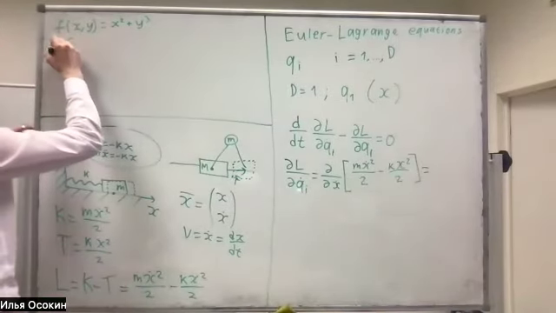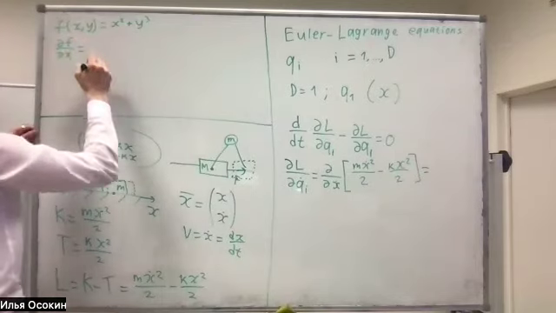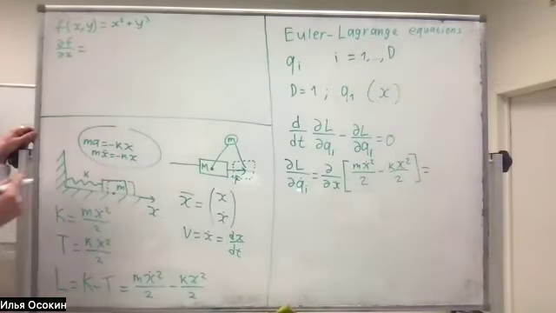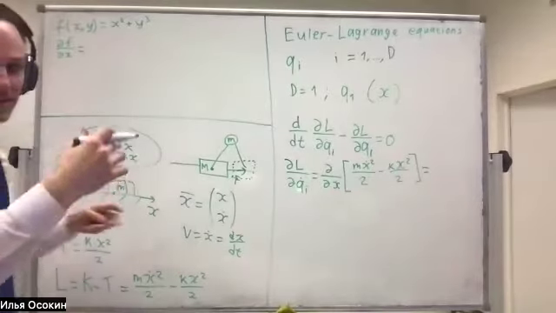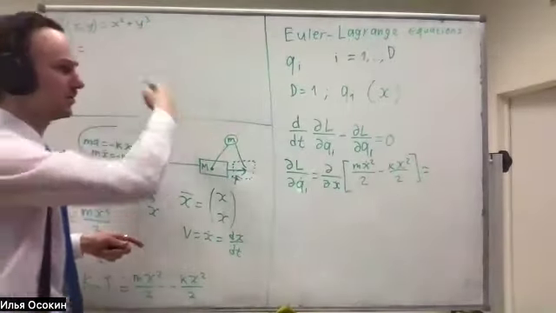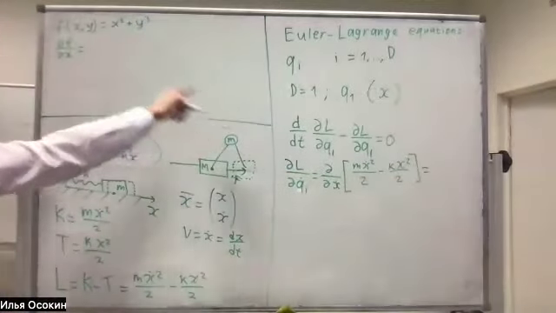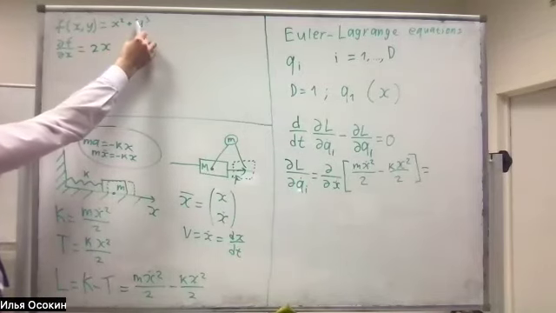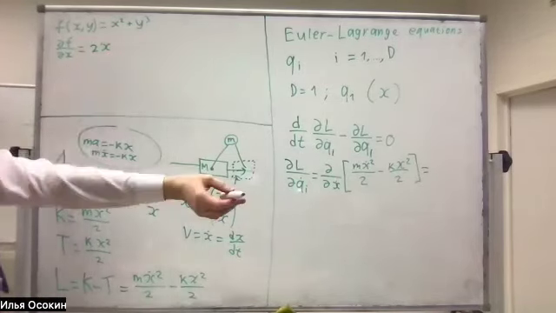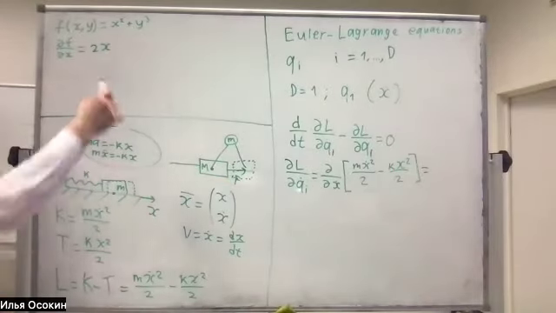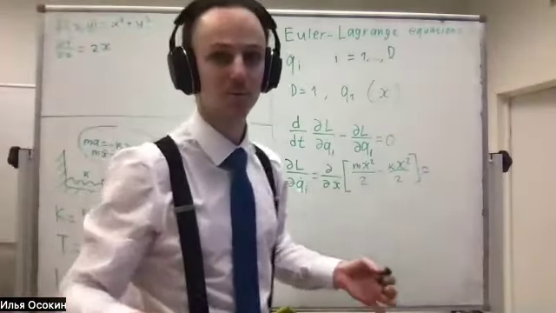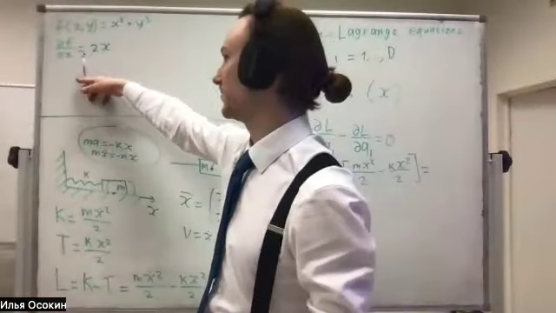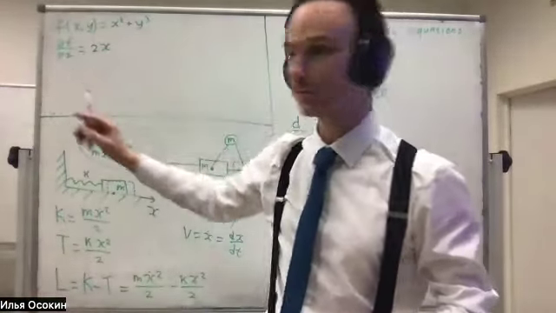So partial f, partial x will be, what do you think? Okay, let me show you the example, and then we're going to use that to differentiate everything. It will be just 2x because this term doesn't depend on x. In terms of x, it's just like a constant. So the partial derivative of this function by x is just 2x, and that's it.